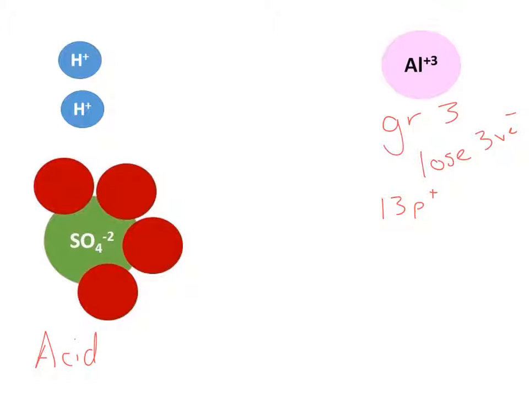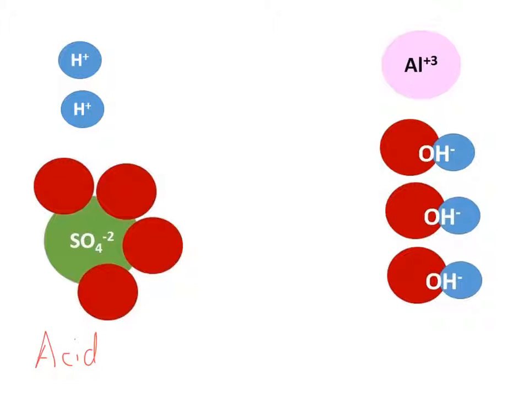So if it's losing 3 valence electrons, it'll have a total of 10 electrons. 13 minus 10 is +3. So that's where this charge comes from. Okay, and then also it will have 3 hydroxide ions. So this is our base.